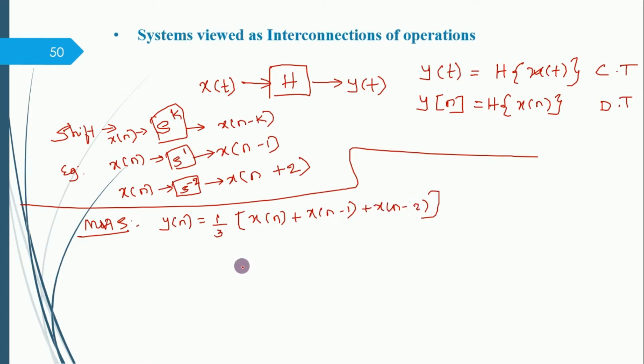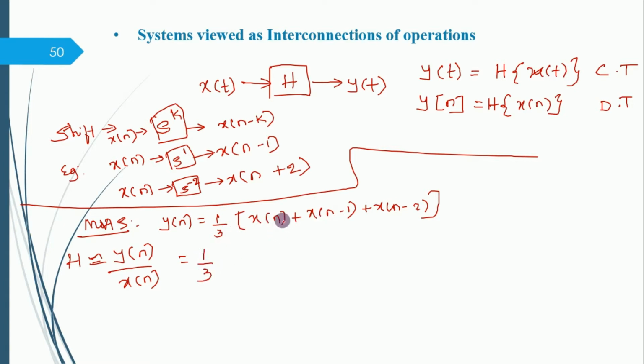Now what I'm supposed to do is, H means it's y of n divided by x of n, not exactly but almost. Here actually this division can be done only in the frequency domain. We are right now in time domain, but right now you assume that it can be taken in this manner. So 1 by 3 will be left out.